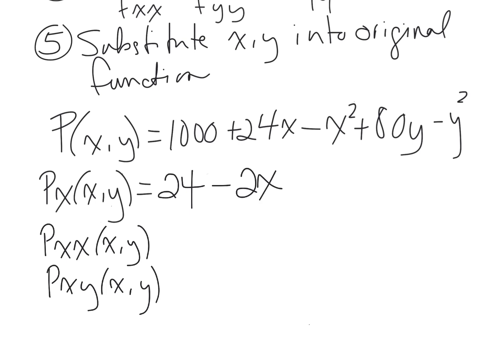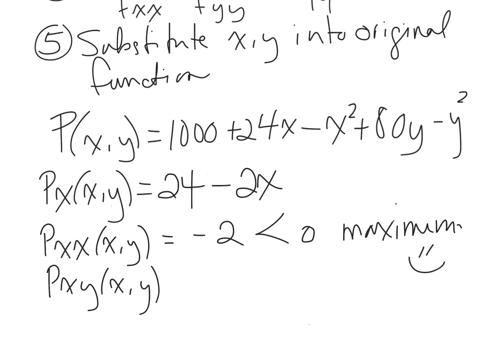If I look at pxx, I'm going back to that first derivative with respect to x, taking the derivative again with respect to x, and that comes out as minus 2. Sorry, it's less than 0, so we have a maximum point, which for profit, that's what we're looking for, maximum profit.